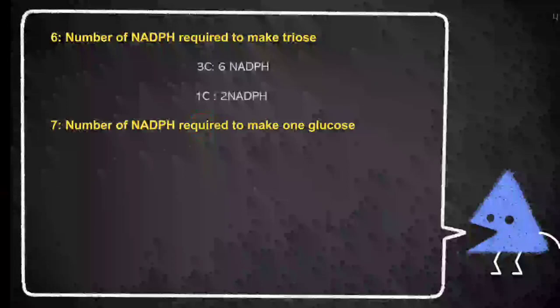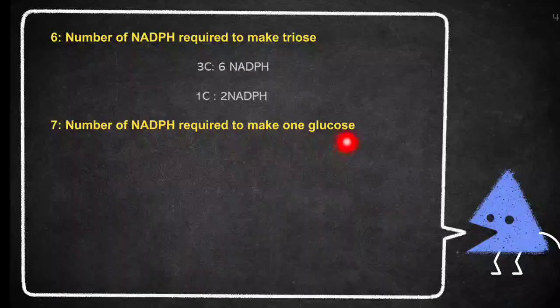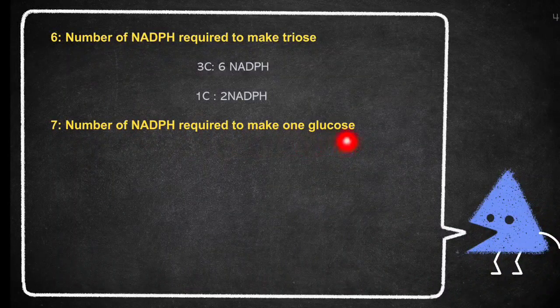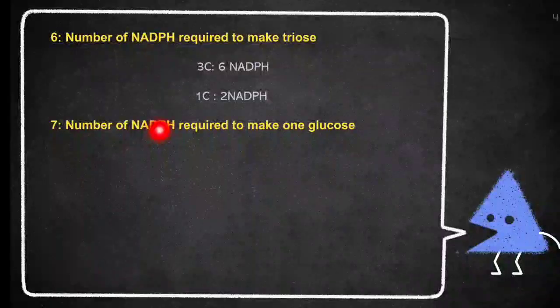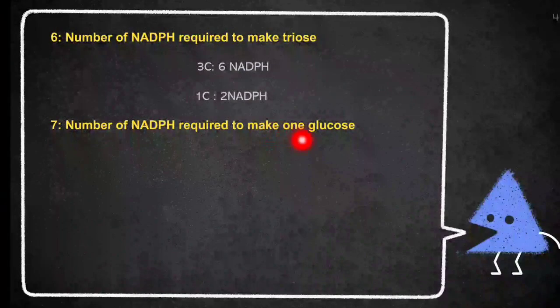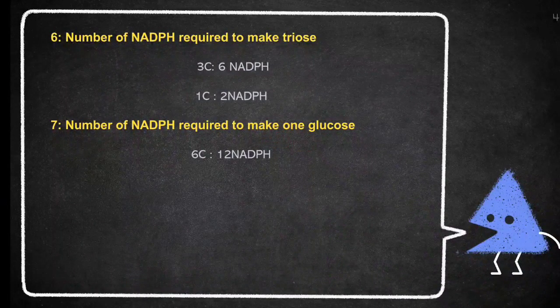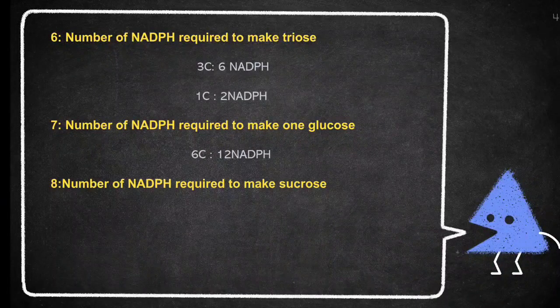Now, the number of NADPH required to make 1 glucose. So in glucose, how many carbon atoms are there? 6 carbon atoms are there. NADPH will be double of it, because you remember the ratio 1:2:3. So for glucose it will be 6 multiplied by 2. So for 6 carbon atoms, there will be 12 NADPH. And the number of NADPH required to make sucrose. In sucrose, there are 12 carbon atoms. NADPH are always double of carbon atoms.